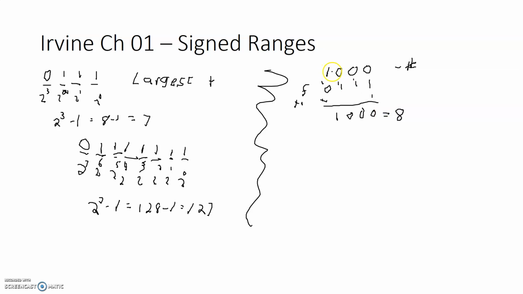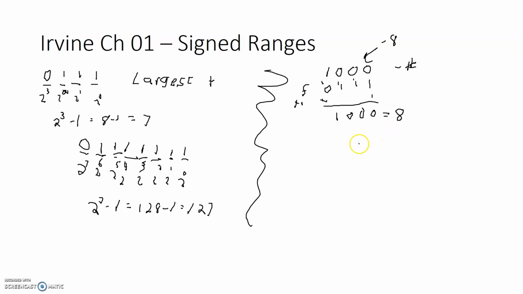This is saying it's a negative number because there's a 1 here. When you apply the 2's complement, you come up with 8, which means this is negative 8. So this number here is negative 8.